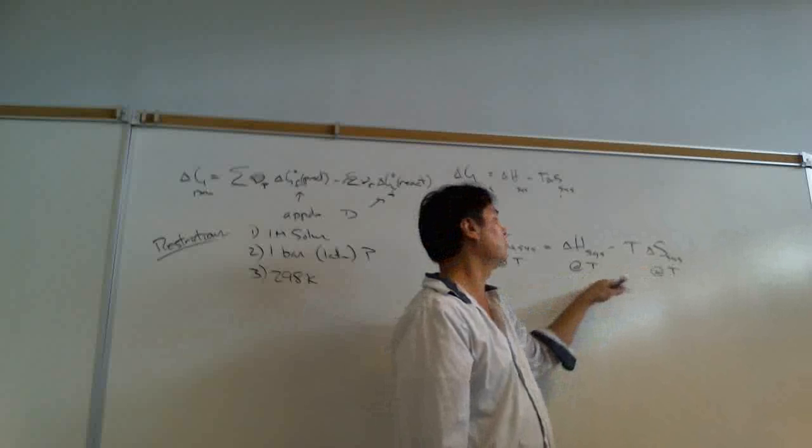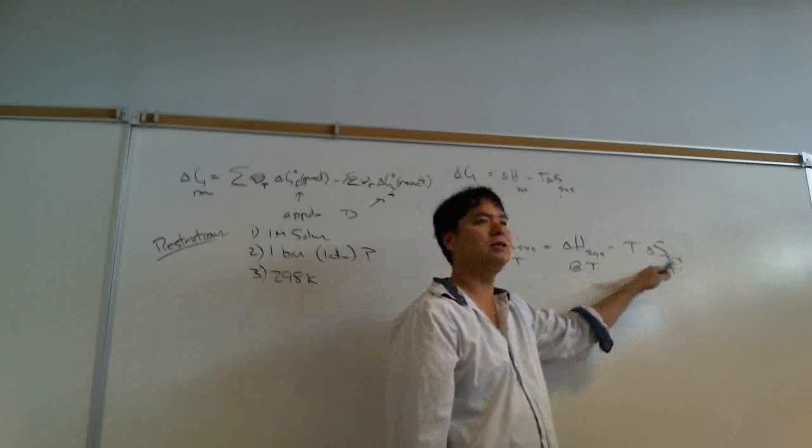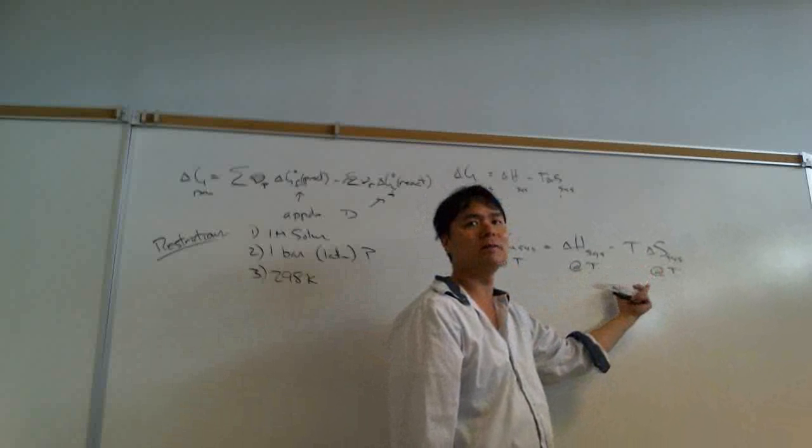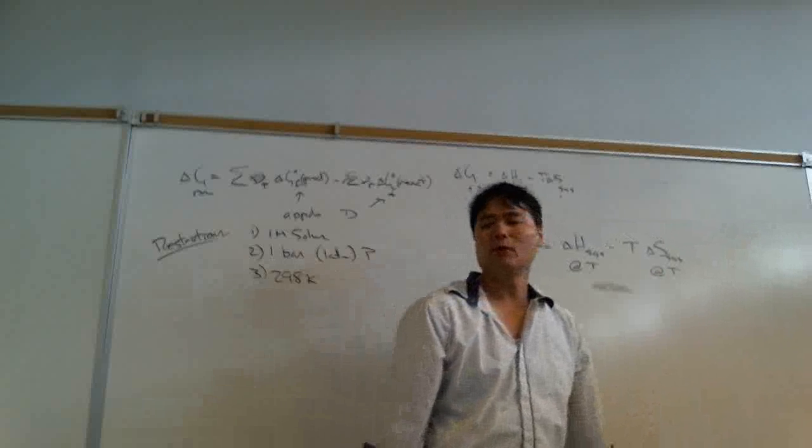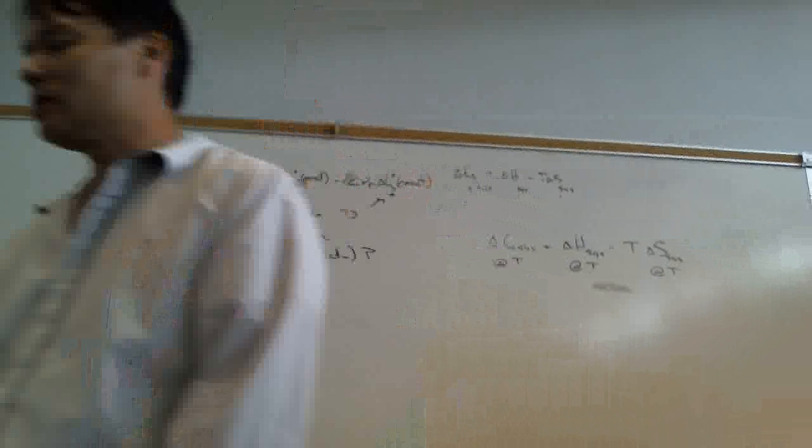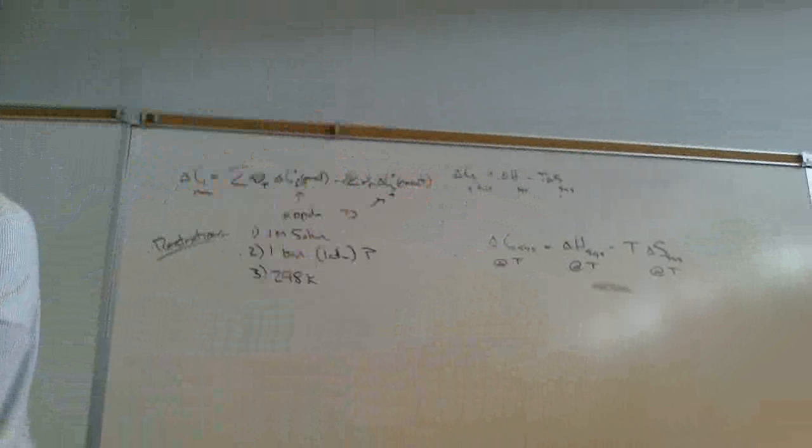Right? And so if we have the values, all these temperatures need to match, right? And the data needs to match. But we can make an assumption. I made this assumption last time. What was the assumption that I made?